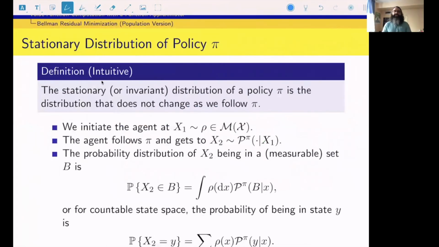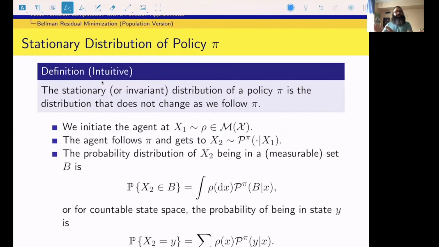The intuition is this: the stationary distribution of a policy is a distribution such that if you start from it, at the next time step you would be at the same distribution. So if your state at time one starts randomly from a stationary distribution, you follow the policy for one step, you get to state at time two, and you get samples from x2.